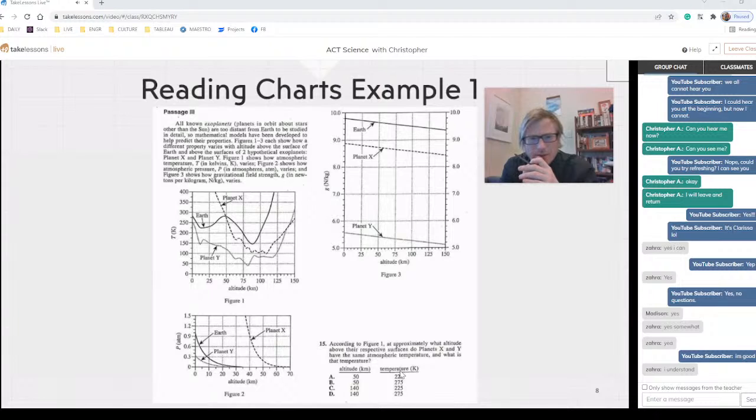Oh, wait, I said that wrong. Altitude of 50 for planet X. We need the same temperature. So, yeah, they both are at an altitude of 50, but they have different temperatures at that altitude.